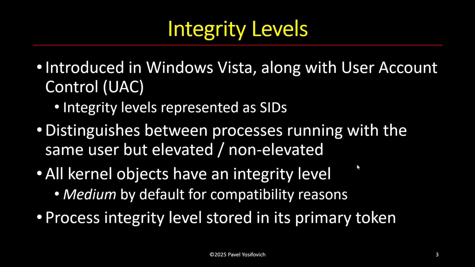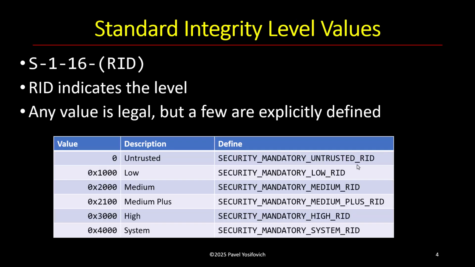And for processes, by the way, the actual integrity level is stored in the primary token. So I'll try to piece all these things together very soon, just bear with me. So these are the standard integrity levels that are defined. They're represented as SIDs, because that's something you can specify within a DACL, for example, and this is where integrity levels typically are stored for other kernel objects, which are not processes.